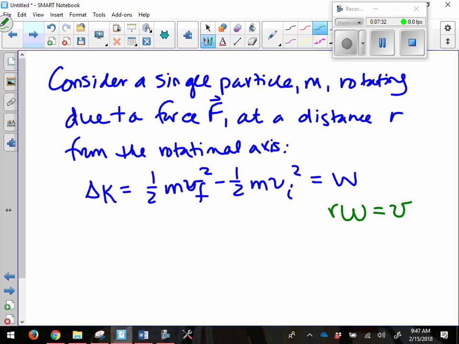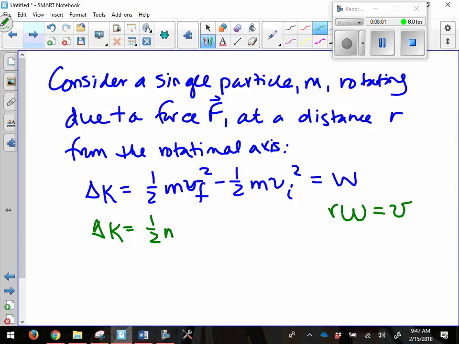Think about the units, okay? What are the units of V? Meters per second. What are the units of R? What are the units of omega? Radians per second. Remember that the radians go away. So the meters per second, meters per second. Okay? I'm going to substitute those in.